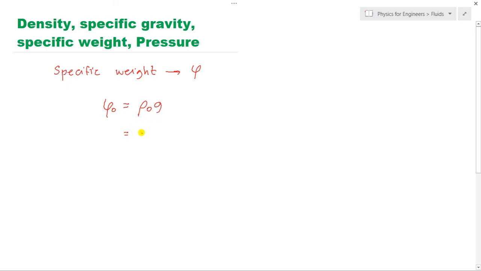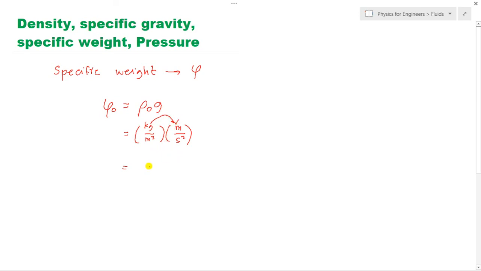So dimensional analysis, the expected dimension for our specific weight: the density is in kilogram per cubic meter, standard, then multiplied by the gravity, that is meter per second squared. So we all know that if we combine this, kilogram meter per second squared, we can achieve what?